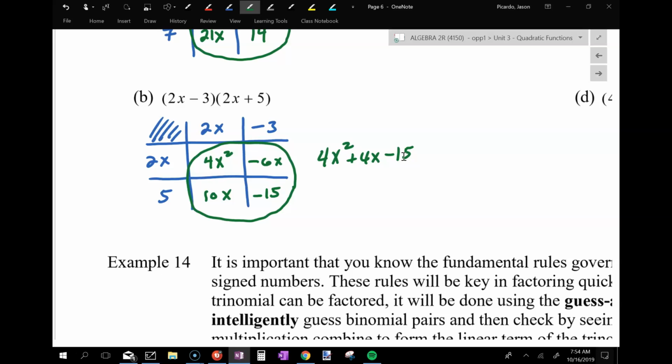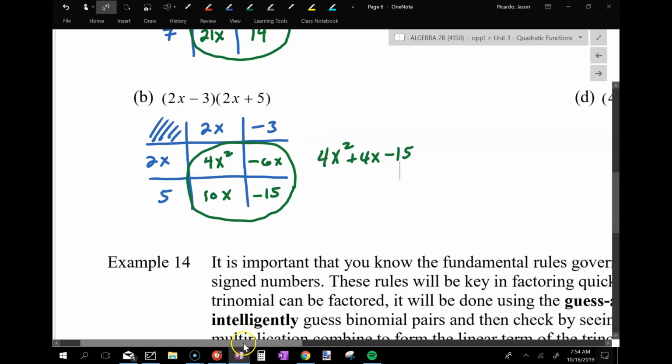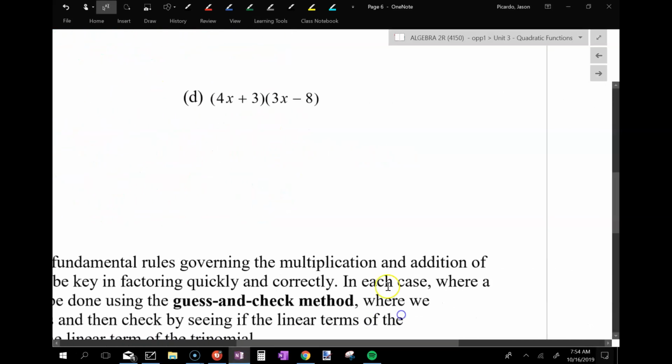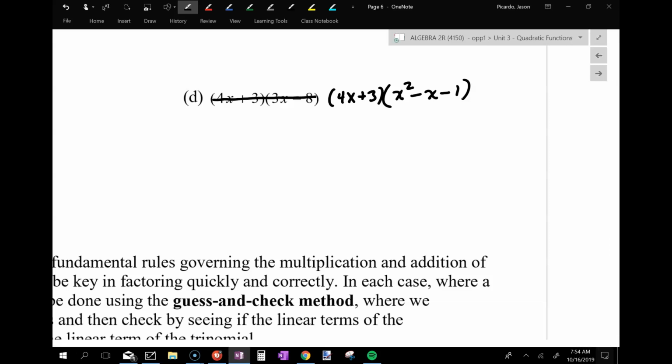Okay. The reason that I emphasize this is because what if I changed this problem over here? Let's change this problem. Let's make it this. Suppose I gave you that. Right? How's that different? It's a binomial times a trinomial, which means I have 2 things times 3 things, right?